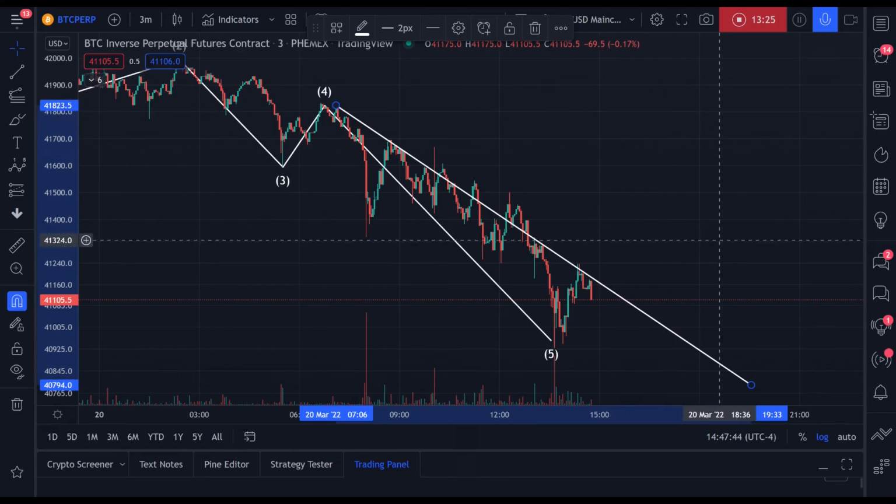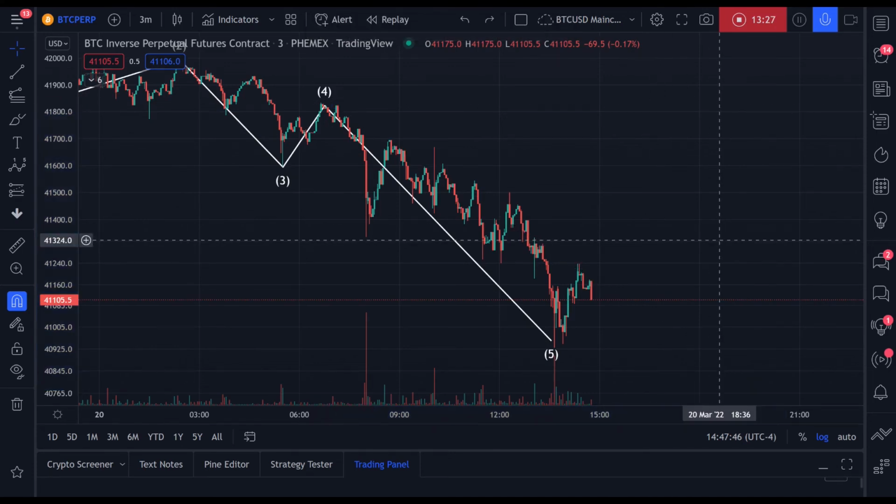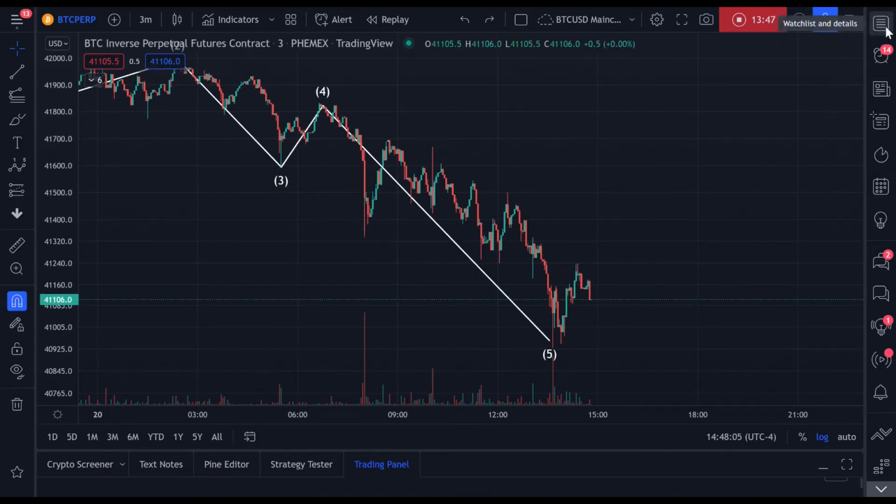So that's basically how I would do it safely. It's pretty much the same thing as the video, as I said, for finding a safe way to short the market. You're using the knowledge of the reversal pattern, these three corrective sequences that we have in Elliott wave theory.